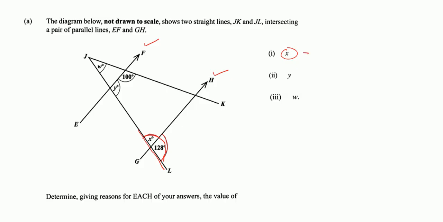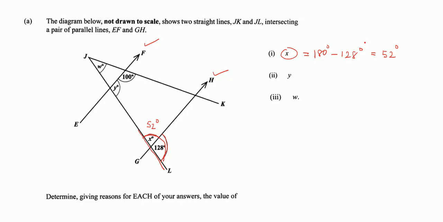So therefore x is equal to 180 degrees minus 128 degrees, which is equal to 52 degrees. So x is 52 degrees.